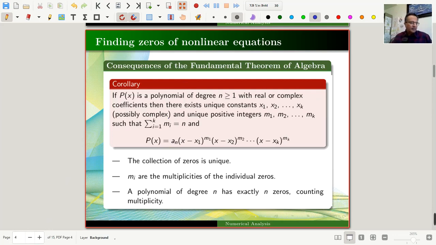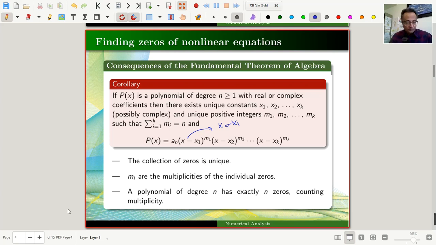Now, we also have some concepts about roots of multiplicity more than one. For example, if p of x is equal to a_n times (x minus x1) to the power of m1, times (x minus x2) to the power of m2, until (x minus xk) to the power of mk, then we can say that x equal to x1 is a multiple root with multiplicity m1, x equal to x2 is another root with multiplicity m2, and so on.